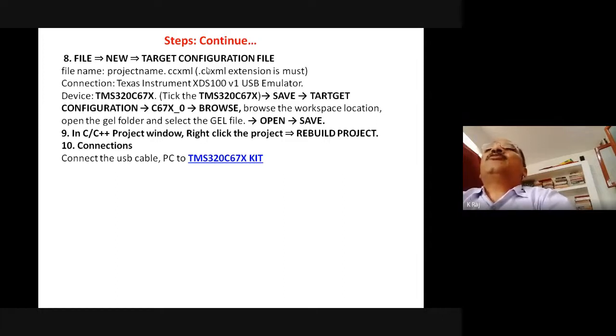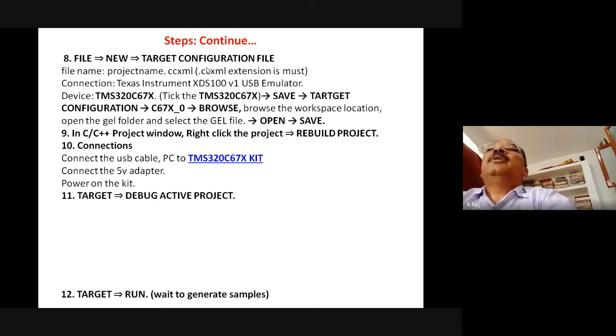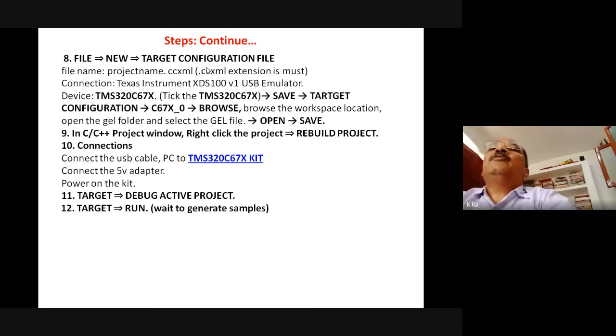After these settings, we will connect the kit to the PC, and then we will connect the 5-volt adapter for the supply, and then power on the kit, and then we will select the target and debug the active project. Here debugging will take place, and again we will come to the target, and then run will be selected here. Wait for the samples to be generated.